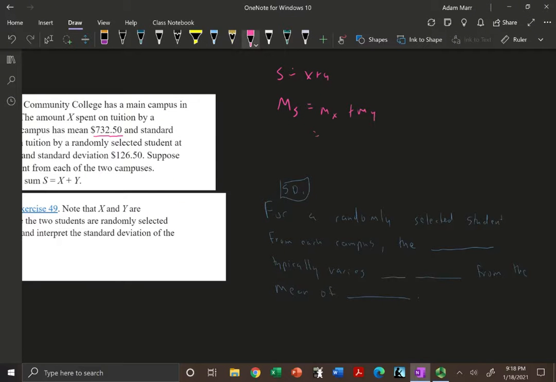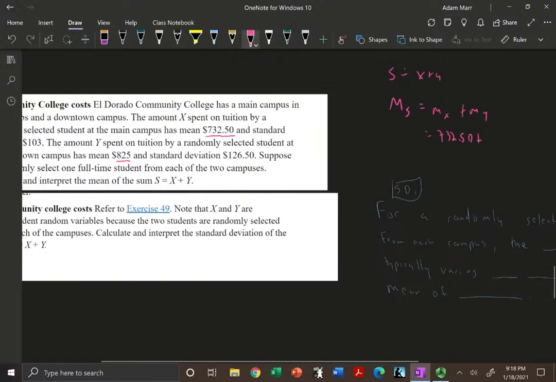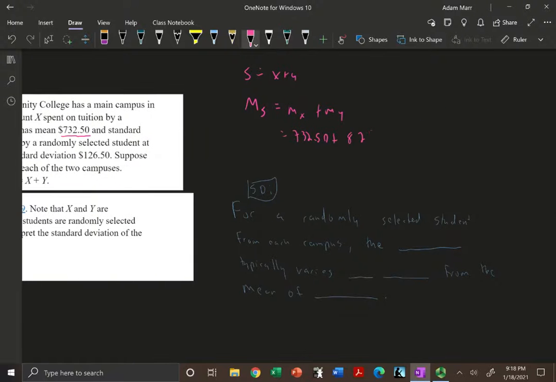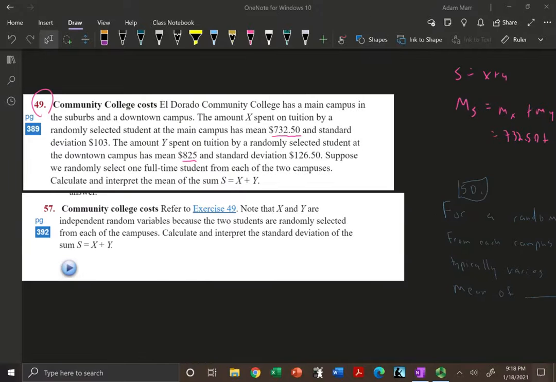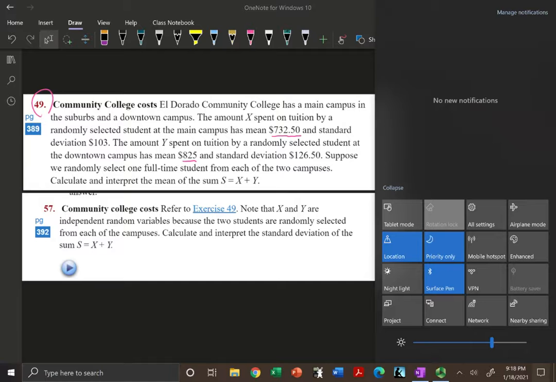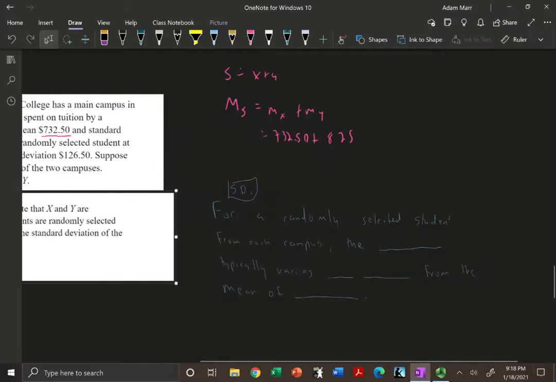So that was once again $732.50 plus $825. And that is going to give me a grand total of $1,557.50.